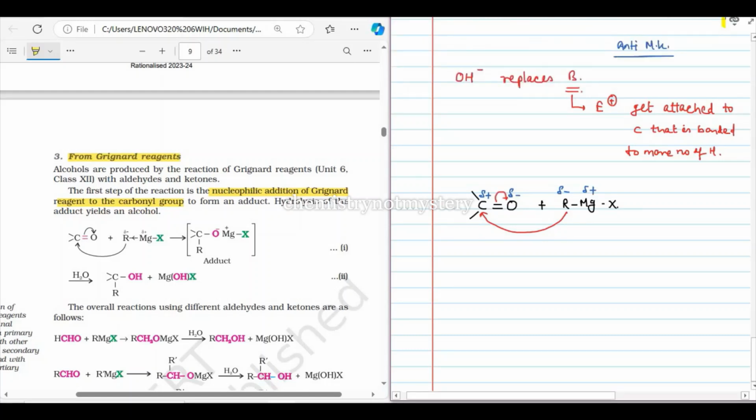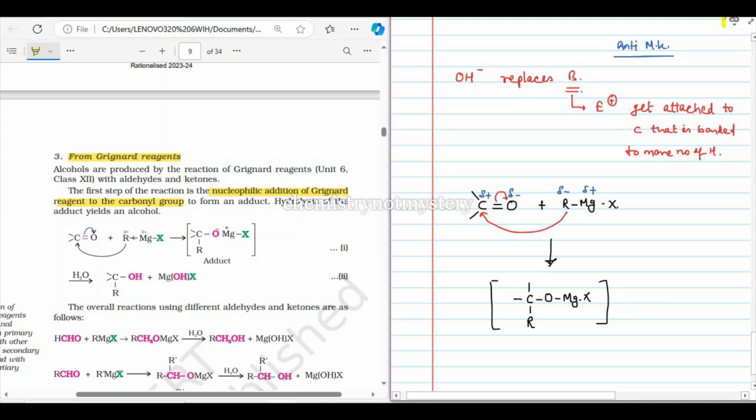Now you will get the adduct. So here this is carbon which is bonded to two other bonds, and the alkyl group will get attached to the electropositive carbon, and the oxygen will get attached to magnesium, to MgX. Now this is the adduct.